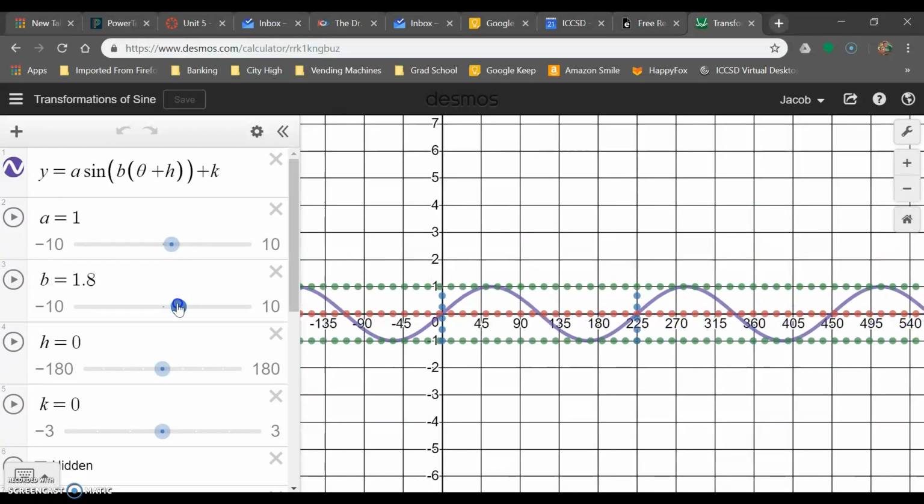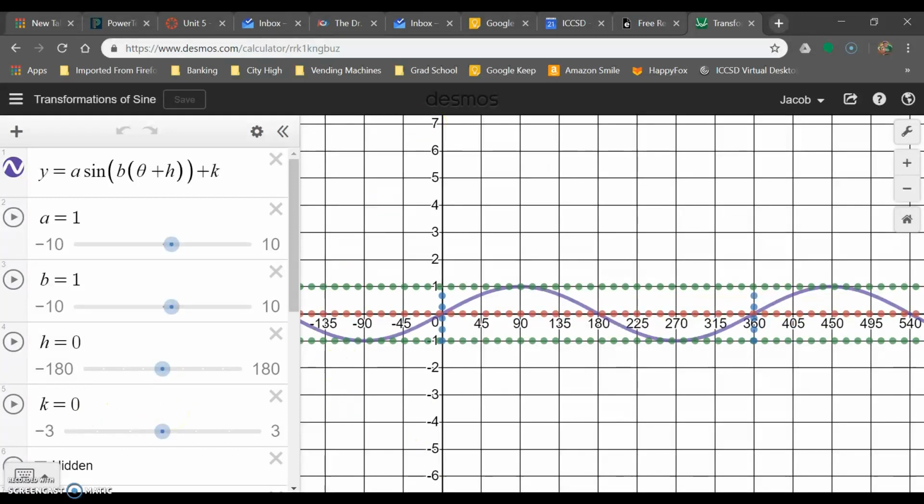B affects the period, so as I make B greater, you can see the period changing. One of the best ways to tell the period is just to look for the starting point of the graph and where you get back to that same starting point. And then H, that's your phase shift. Of course, it goes the other direction from what you'd expect.